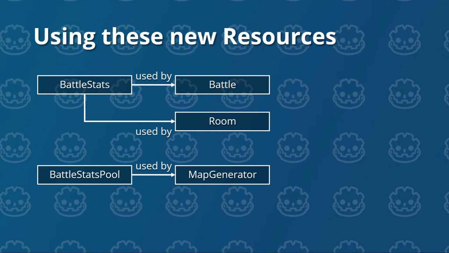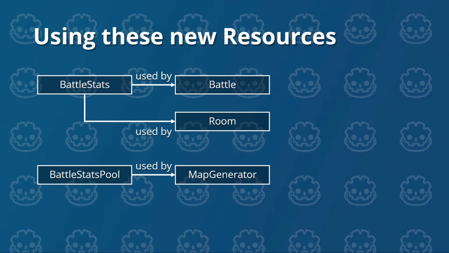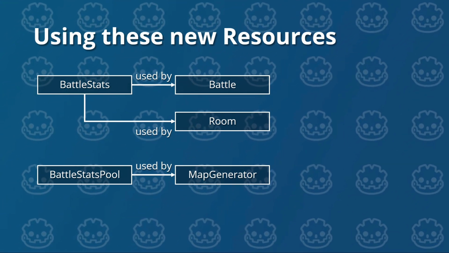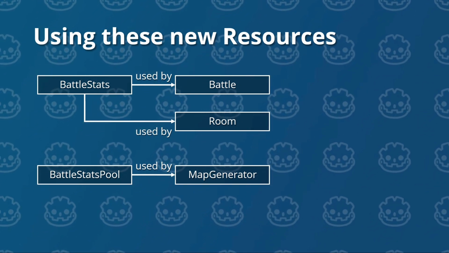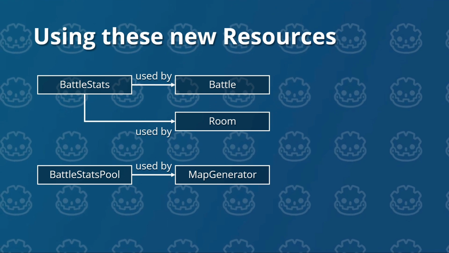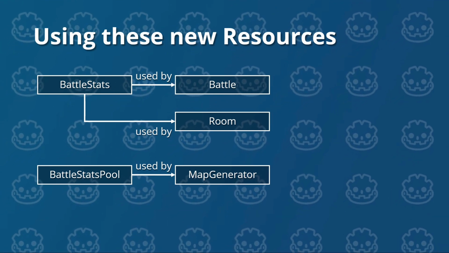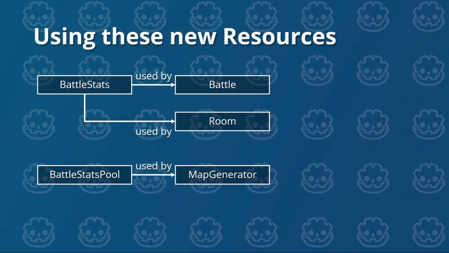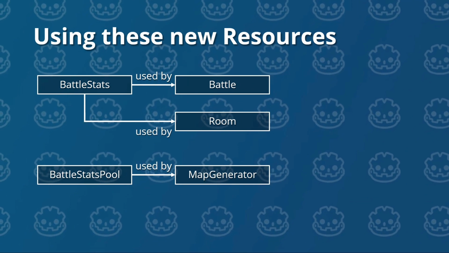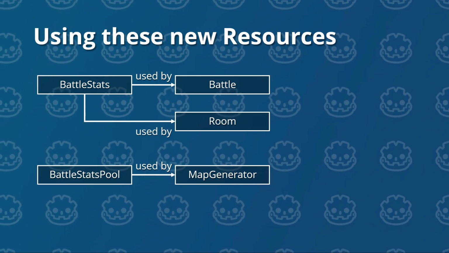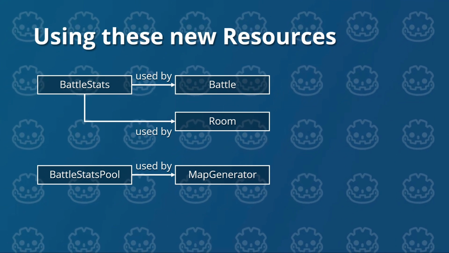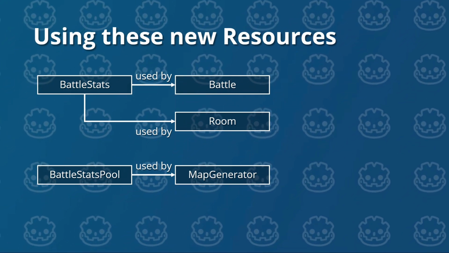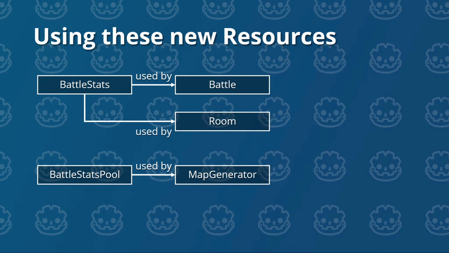When we generate a monster type room, we need to see if we are at the bottom part of the map or above it, because we need to pick a random battle from tier 0 when we're at the bottom. But when we're not, we need to pick a battle from tier 1. And again, for the boss room, we need to pick a random battle from tier 2. So we'll be relying on this BattleStatsPool resource to get those random BattleStats resources based on their tier. And that's it for the architecture.